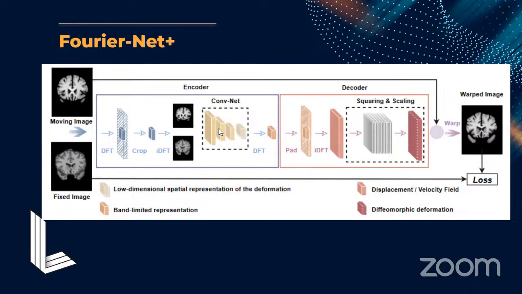And the ConvNet consists of some 3D convolutional computations, which are quite expensive. But since we are using low resolution representations, the overhead is significantly reduced. And then after that, basically, the model is the same as the Fourier-Net model.